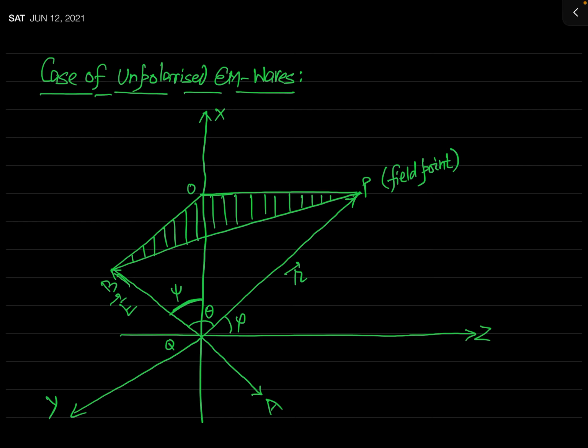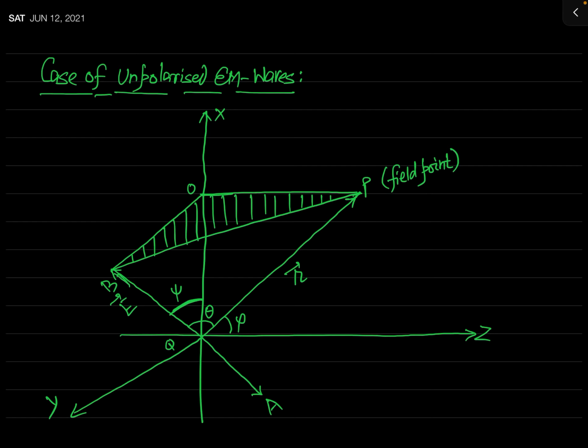Now I have considered that P is a field point. When you say field point, it means this is just a test point where our calculation will be made. And this plane, which I have shown in this figure by the shaded region, is POB, and this plane is drawn perpendicular to the plane containing AB.